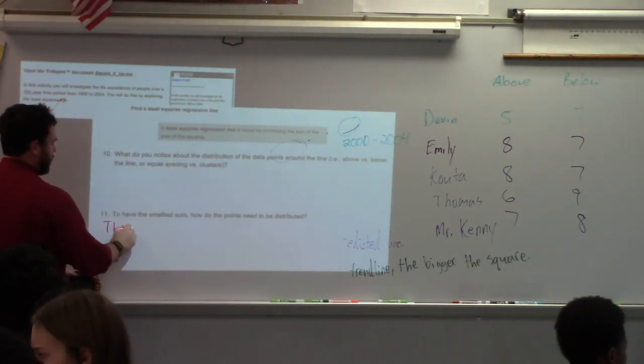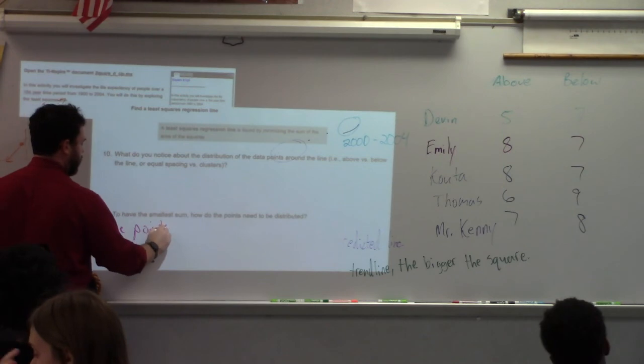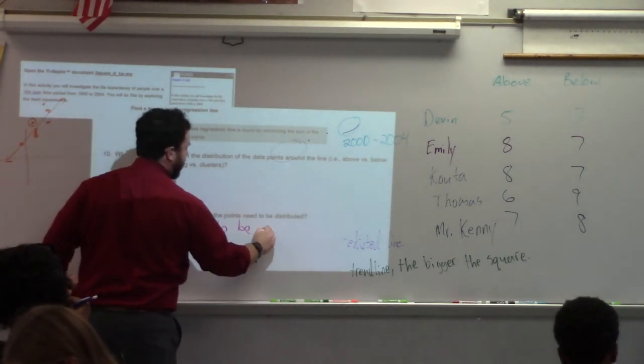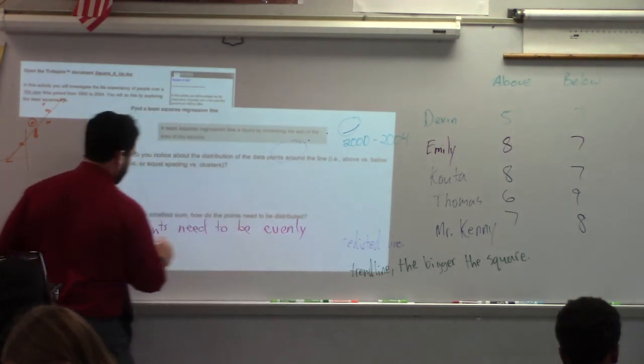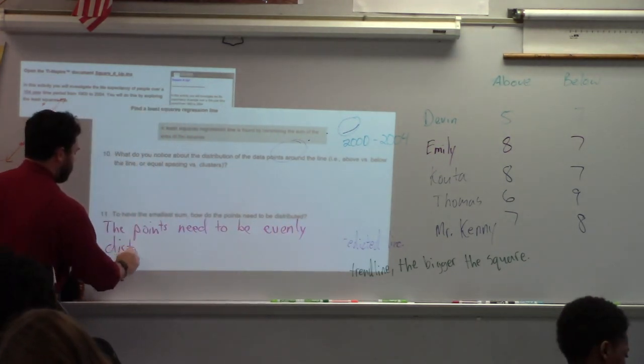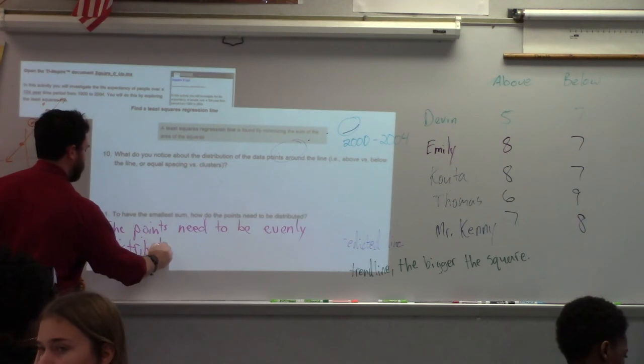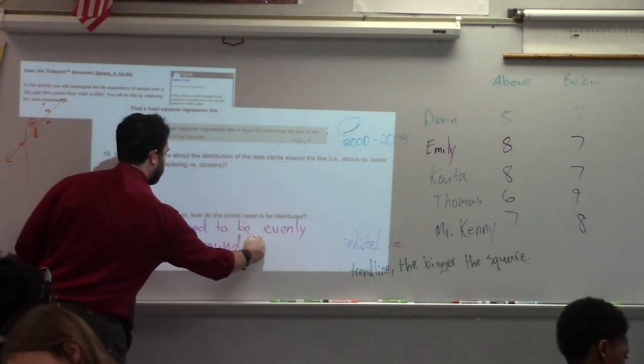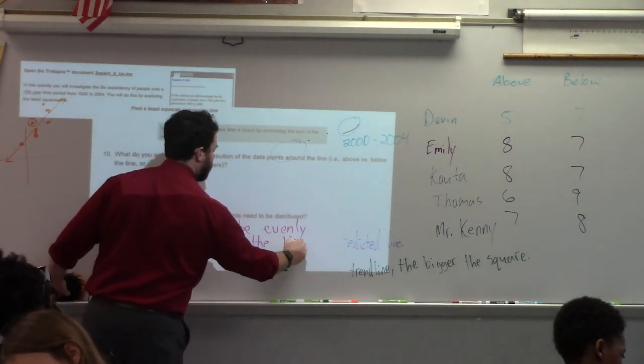The points need to be evenly distributed around the line. Right?